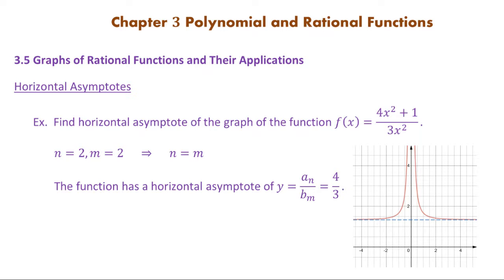If you draw the graph, y equal to 4 over 3 is a horizontal line passing through 4 over 3 on the y-axis.